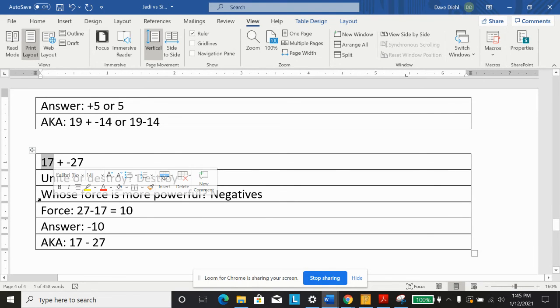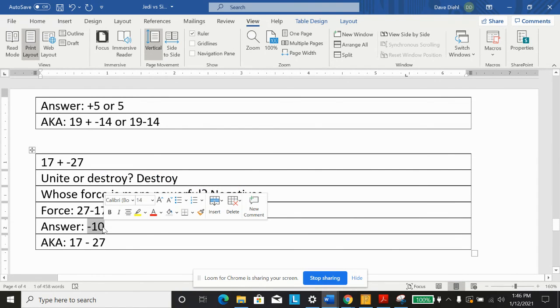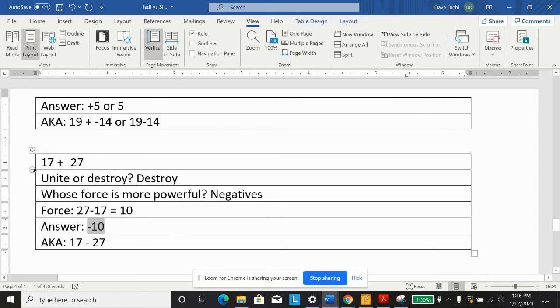And again, when I destroy, I subtract the values to see how many soldiers are left over. There's 10. But I've got to see on what side. Well, since the Sith, or the negatives, were more powerful, I'm going to say there are -10 left over, or the answer therefore is -10. Another way to write this problem, instead of 17 plus negative 27, I could have said 17 minus positive 27.